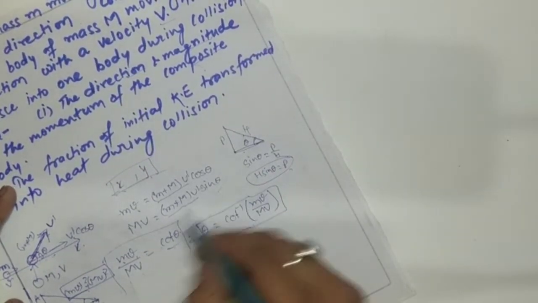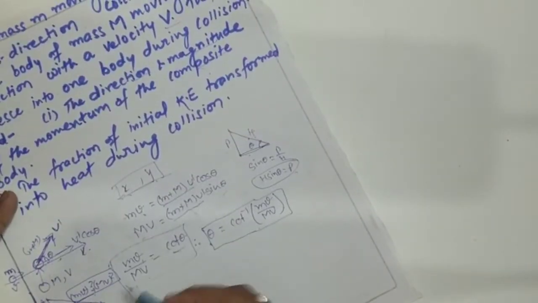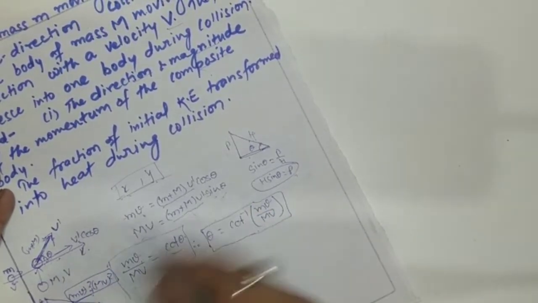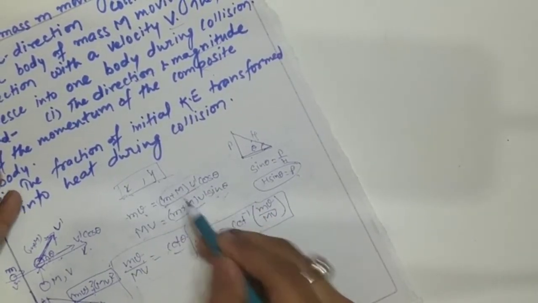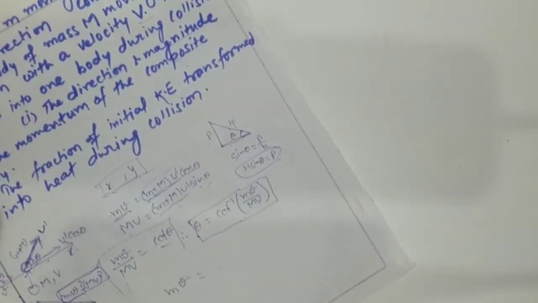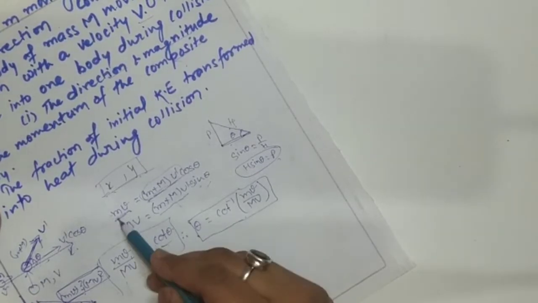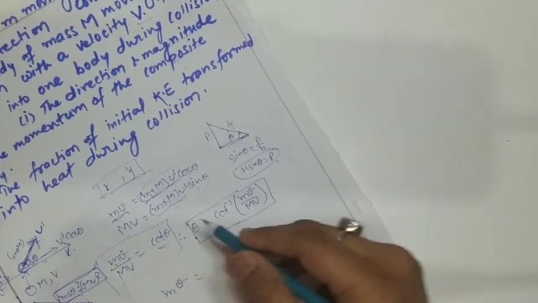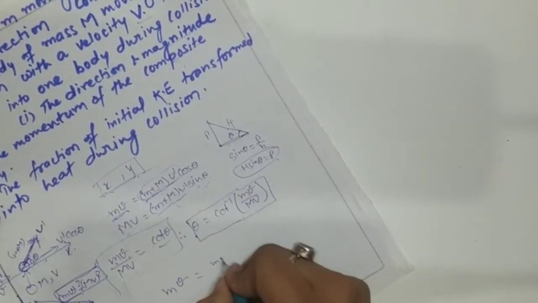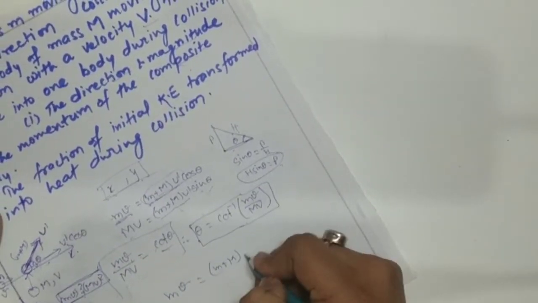Now I can substitute the sin theta or cos theta value in this term and get this quantity pretty easily. These quantities are given in the question, so we do not need to write other variables for them. It's pretty straightforward.